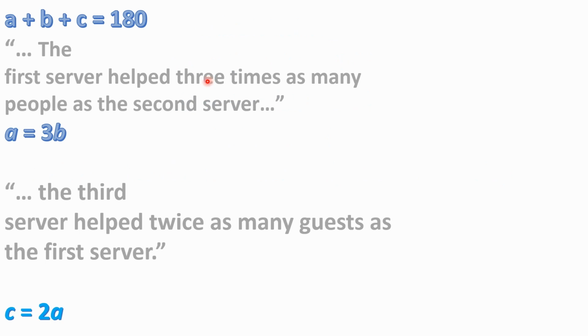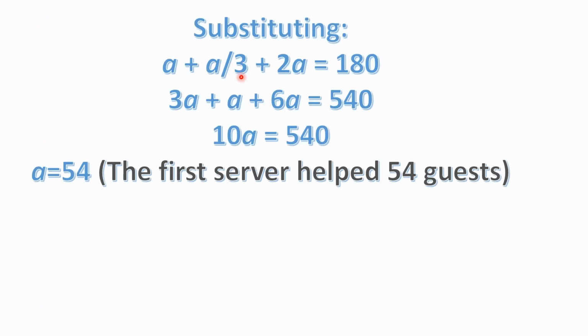And why is that? Well, we know the second server served B. So if we divide both sides of the equation A equals 3B by 3, we have A divided by 3 equals B. So that's what we're substituting here. This is also equal to B.